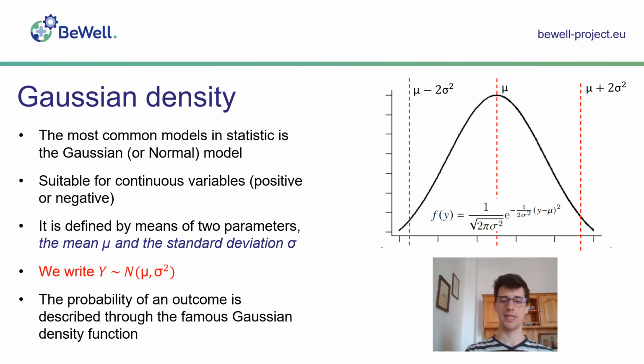In practice, we say that a random variable y is distributed according to a normal distribution with parameters mu and sigma if we expect its outcome to be mu with some possible variations in the range of mu plus or minus 2 times sigma. The larger sigma, the larger our uncertainty, while smaller values of sigma mean that we are confident that y will be equal to mu or very close to it.